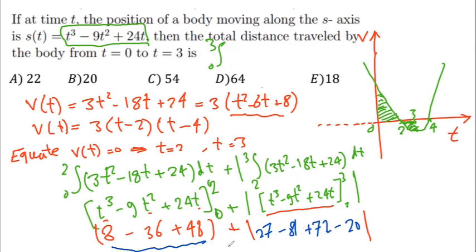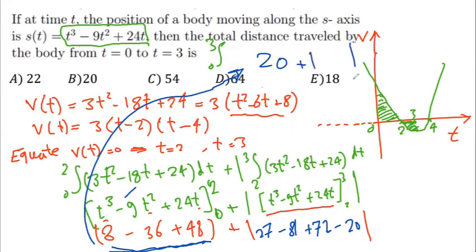So the first part is 20. Let's continue up here. This part here is 20 plus the absolute value of this part. We have 72 plus 27, that's 99, minus 101.